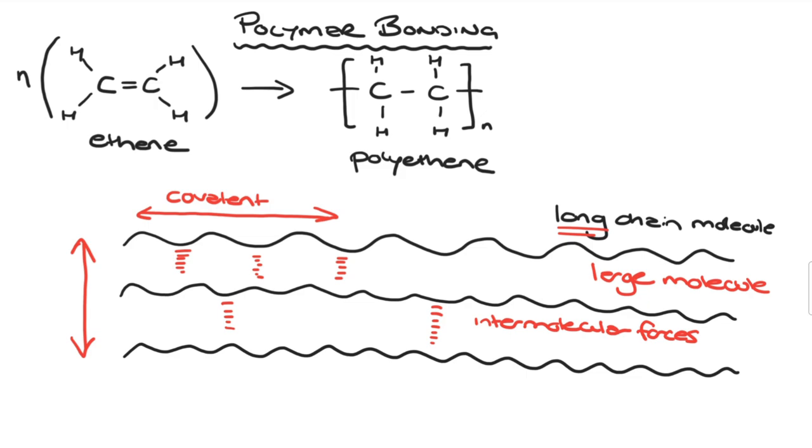That allows you to reshape the structure into the shape you want. Then as that substance cools, those forces can grab hold of each chain again and reform the solid. And it maintains the solid shape that you've shaped it into.